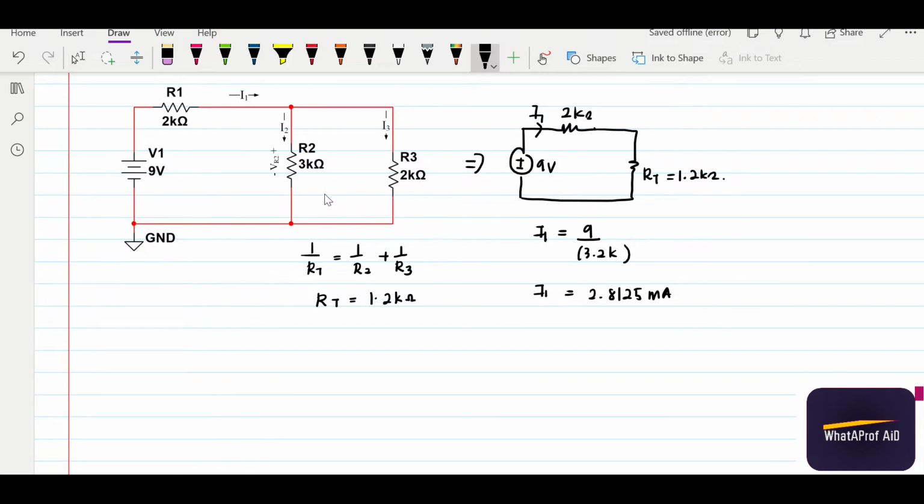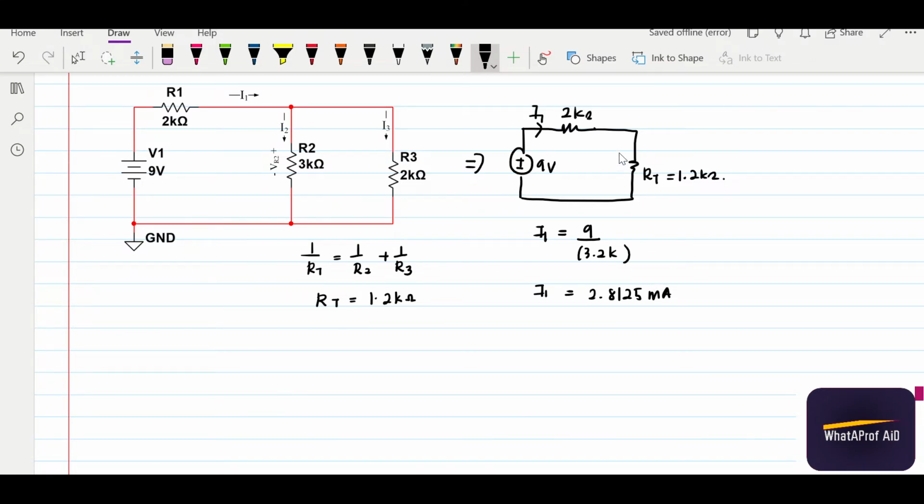And then we can find either the VR2 or I2. If you want to find the VR2, because these resistances are in parallel, the voltage will be the same. We can find I times RT, or we can use the VDR, voltage divider rule, to get the voltage across this resistance. So there are many methods.